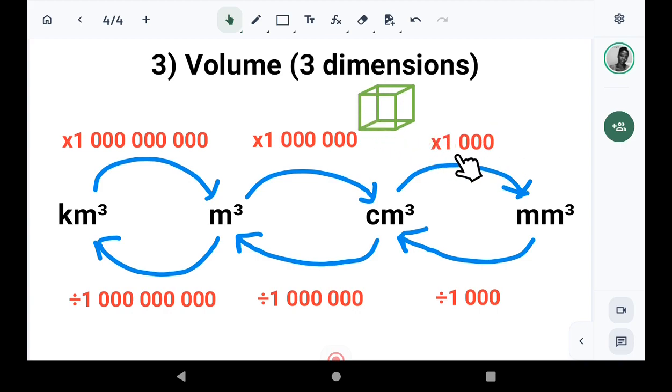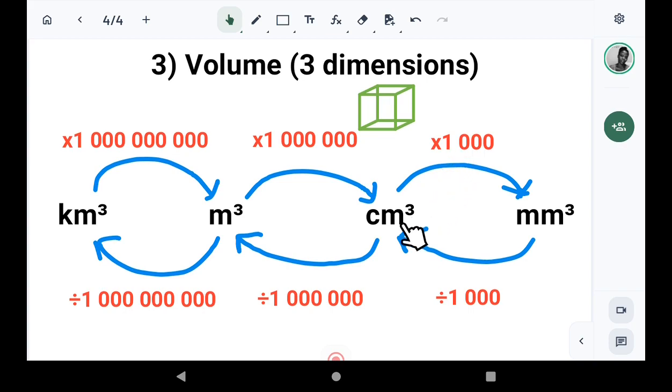So instead of, for example, converting from cubic centimeters to cubic millimeters, you will now, instead of multiplying by 10 like you would in a one-dimensional measurement scenario, or multiplying by 100, which is 2 zeros, and what you do when you're dealing in 2 dimensions, you now multiply by 1 and 3 zeros, which then matches with the 3 dimensions, so it's triple the number of zeros.